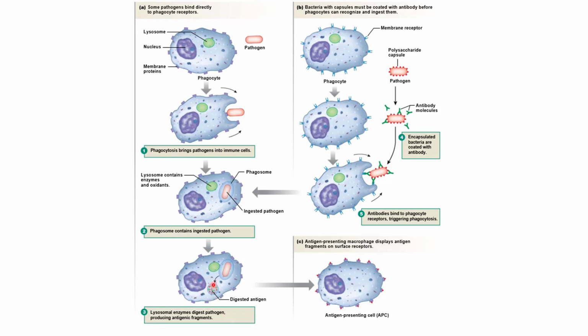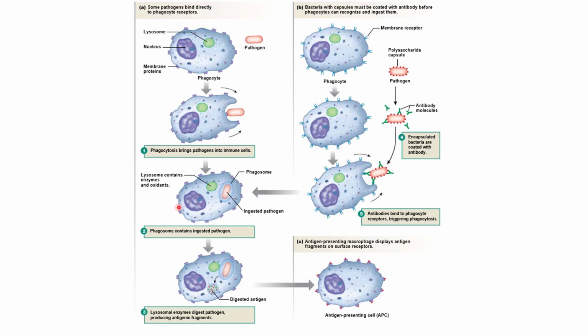It gets these little digested antigens, and it can attach them onto its own receptors to make it specific for that type of pathogen the next time it encounters it. So again, when we were talking about our macrophages and how they take trophies, once they learn to kill something, they say, hey, this is what I'm good at, I'm going to keep killing that, and I put those antigens on there.